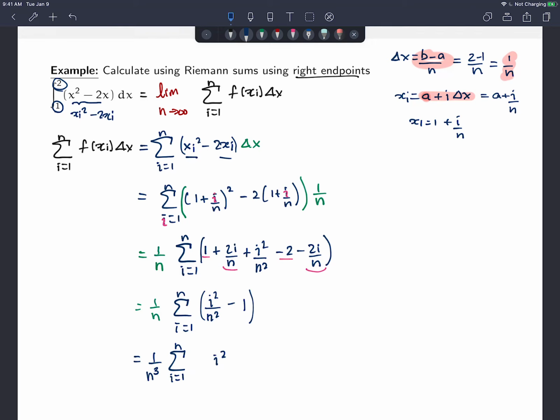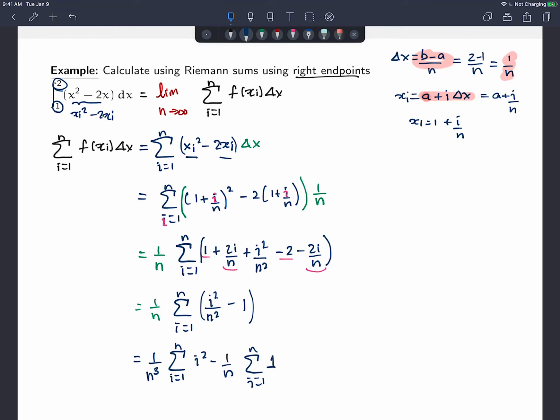And then I'm going to have here the sum of the i squares. And then on the right, I'm going to have negative 1 over n, so minus 1 over n, still times the sum when i equals 1 up to n of 1.